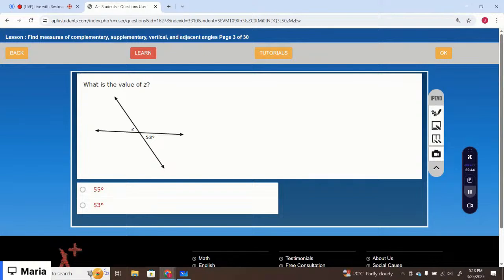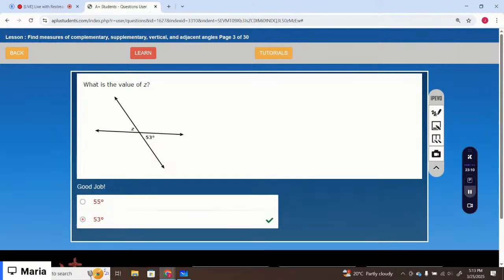What is the value of Z? Z and 53 are the vertical angles, so Z measures 53 degrees.